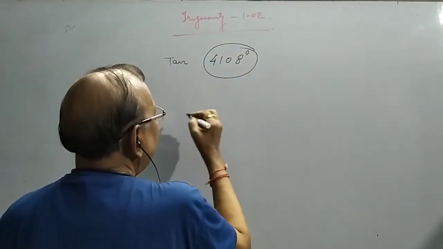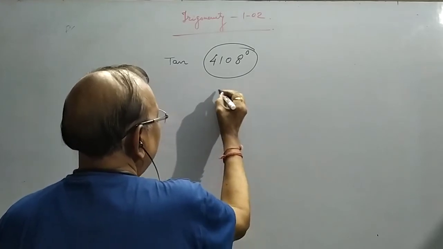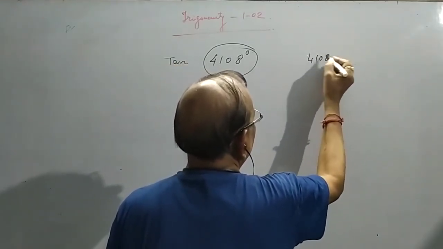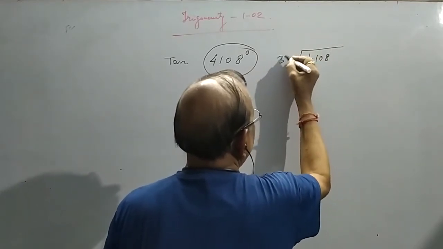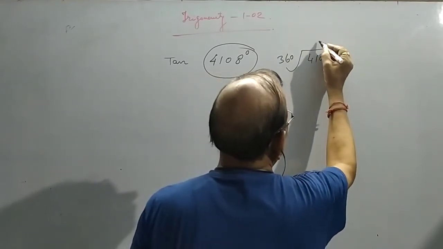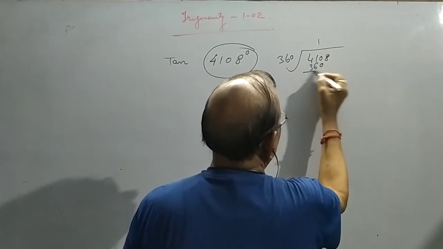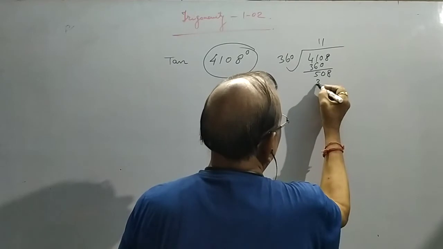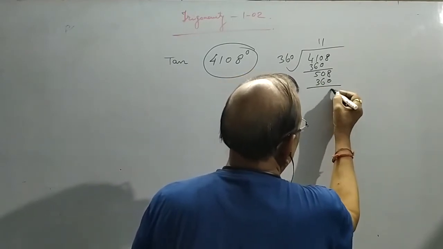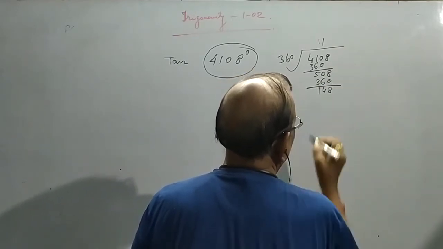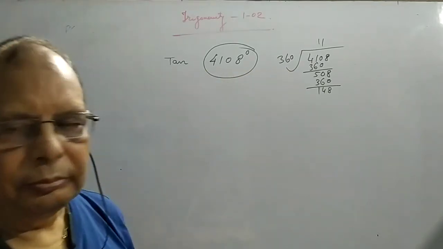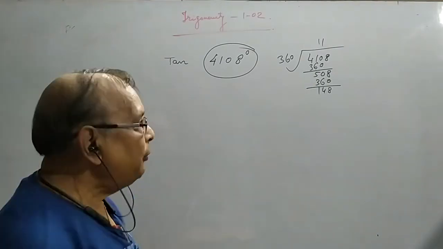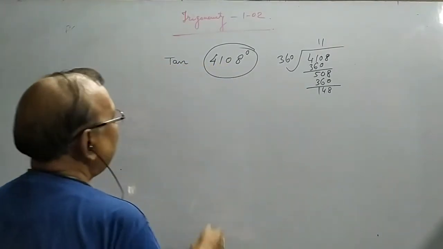Get the angle between 0 and 90 degree, 0 and 360 degree, by dividing by 360. The remainder is 148 degree. So we have to observe the sign of tan 148.